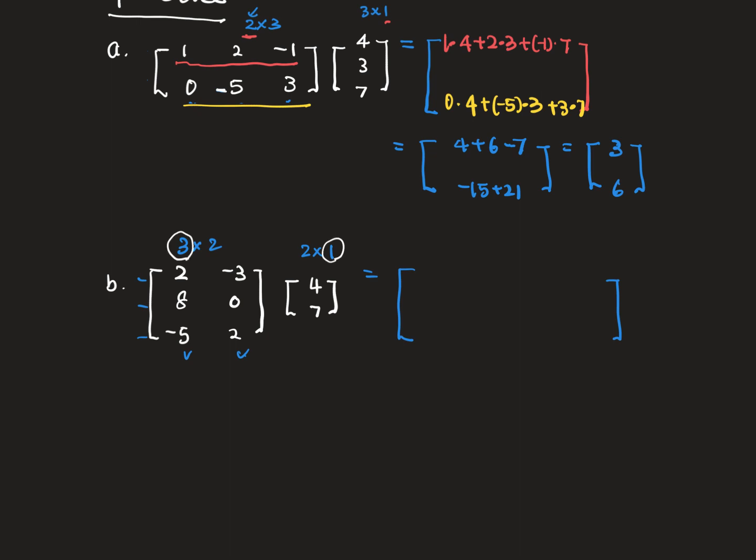So you expect 3 rows, 1 column, okay? Let's go to the first row: 2 times 4, negative 3 times 7. That's the first row, okay? The second row is 8 times 4, 0 times 7. The third row is negative 5 times 4 plus 2 times 7. Okay, what is the outcome?